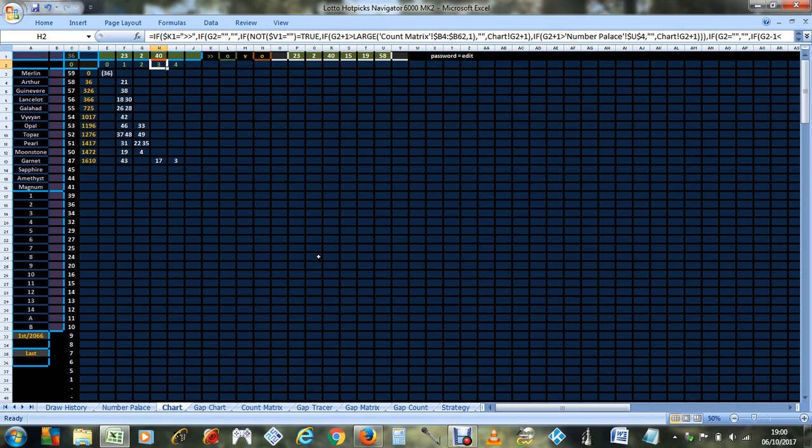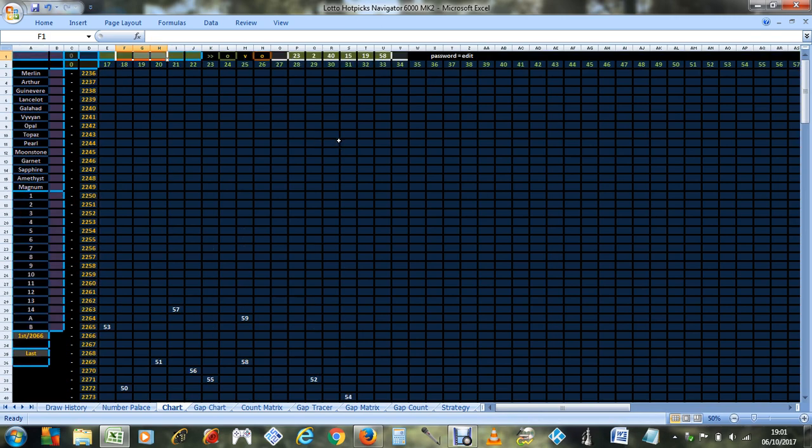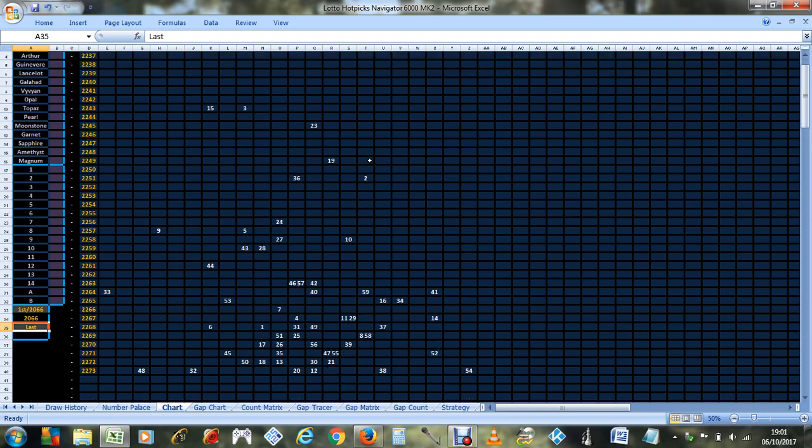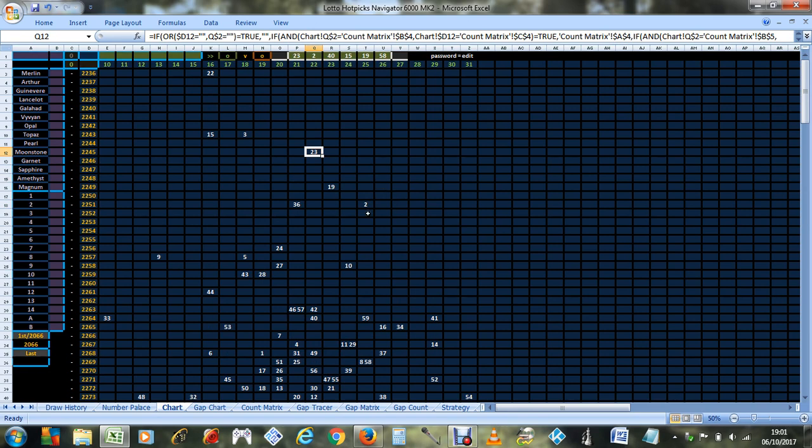and I played the odd picks game, and I chose a 3-number odd pick, and the second draw from when I'd chosen it, those 3 numbers came out, and I can't remember what numbers they were exactly, but those 3 numbers came out, and I worked out that the average gap between occurrences of any 3 numbers on the Lotto, this was back when there were only 49 numbers, the average gap was something like once every 1200 draws, and after just 2 draws, the numbers that I'd chosen by spending all day producing these charts, they came out after 2 draws. 1200 divided by 2, 600. 600 to 1.